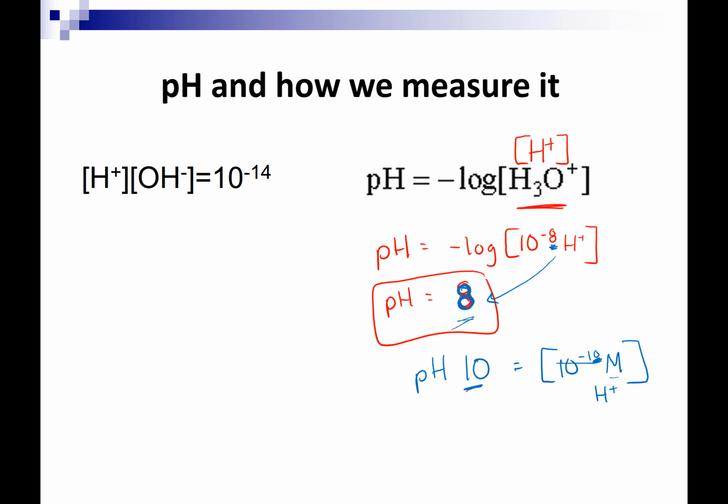And I told you at the beginning that at neutral pH, at pH of 7, you now know that the concentration of hydrogen ions is 10 to the minus 7, and you know that the concentration of hydroxyl ions has to be equal.